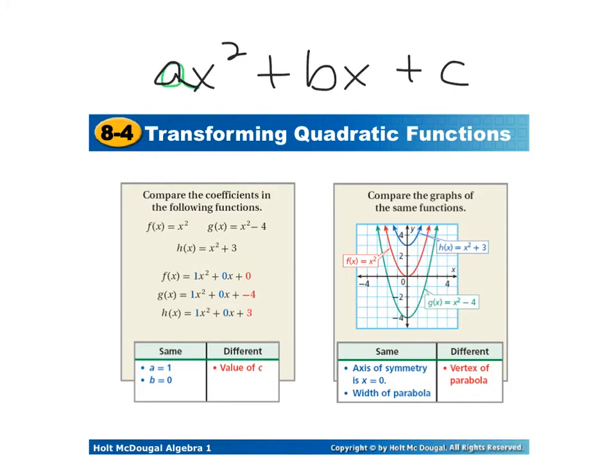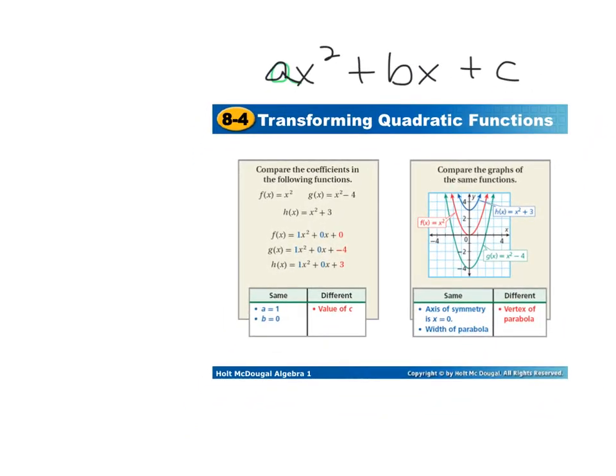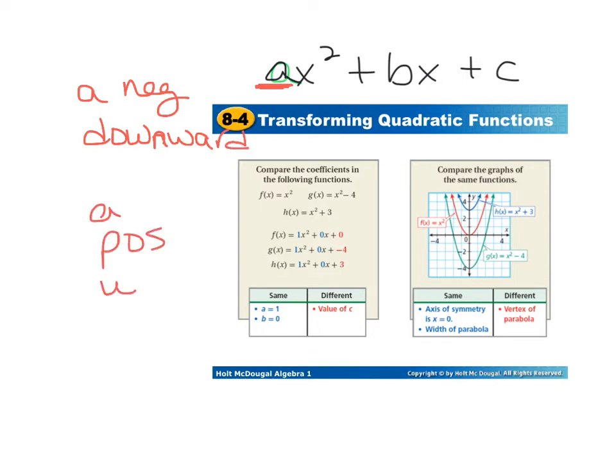So up to this point, all we were focusing on was this a, which was the number in front of x squared. Remember, when a is negative, it's facing downward. When a is positive, it was upward. And remember, the larger the a, the more narrow the graph.